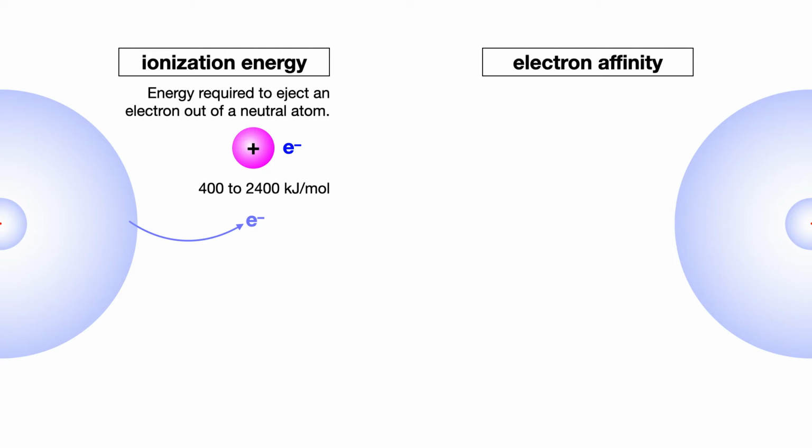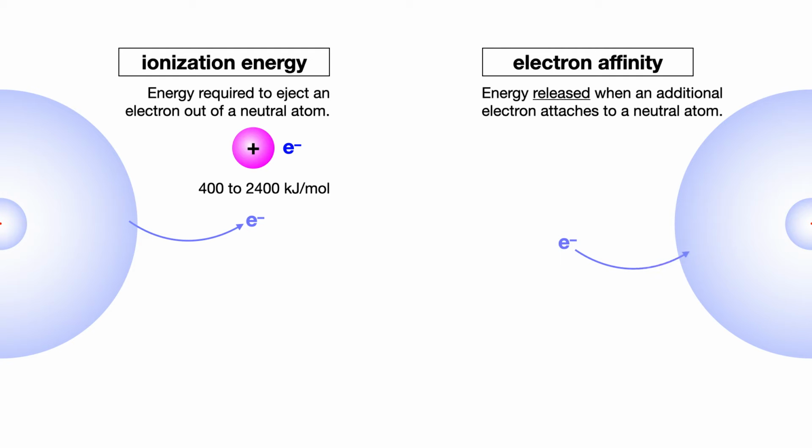And then electron affinity is kind of the other side of the coin. This is the energy that is released when an additional electron attaches to a neutral atom. So the idea here is that if you've got a neutral atom and a new electron comes in, then energy can be released, and this is the electron affinity.